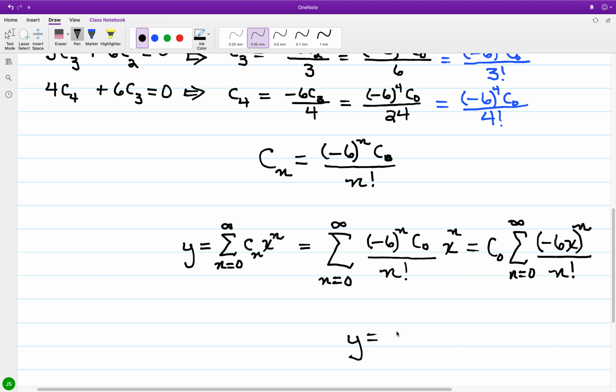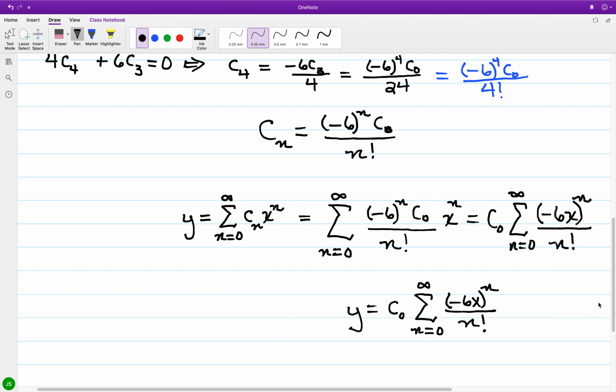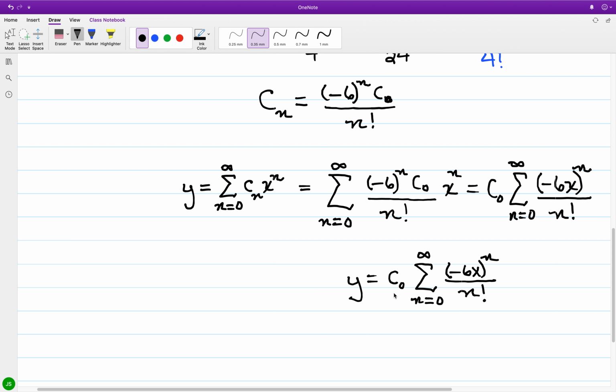So we have that y is equal to the constant times the summation as n goes from 0 to infinity of negative 6x quantity to the n over n factorial. And in terms of the functional solution, I will mention e to the x is equal to the summation as n goes from 0 to infinity of x to the n over n factorial.